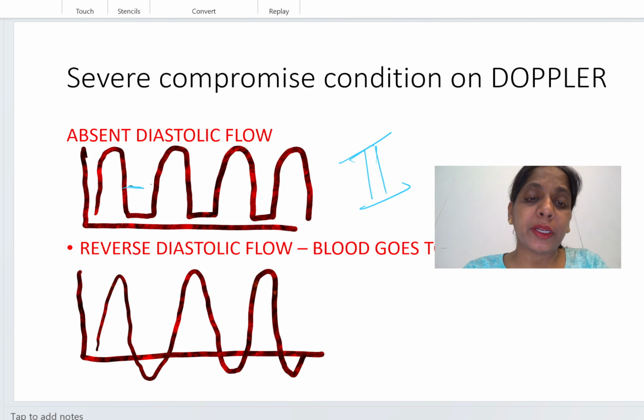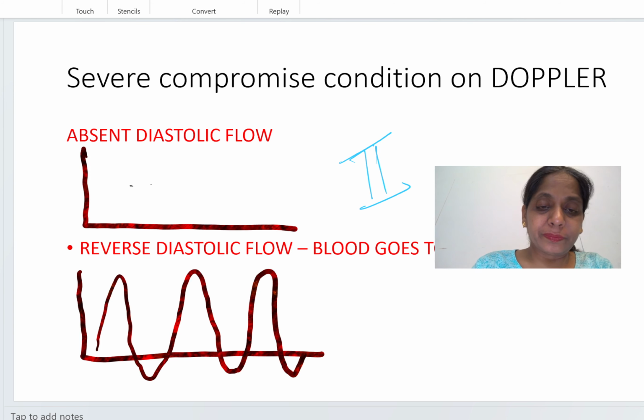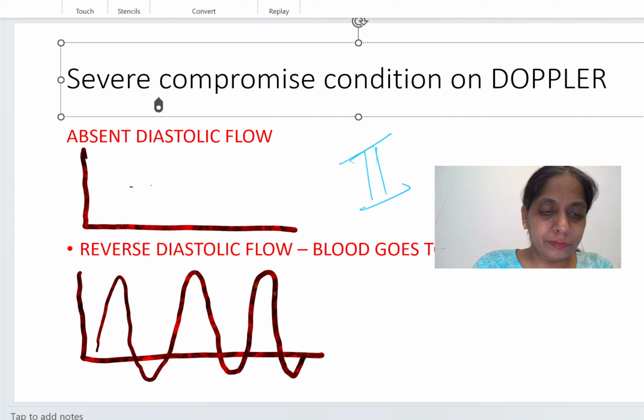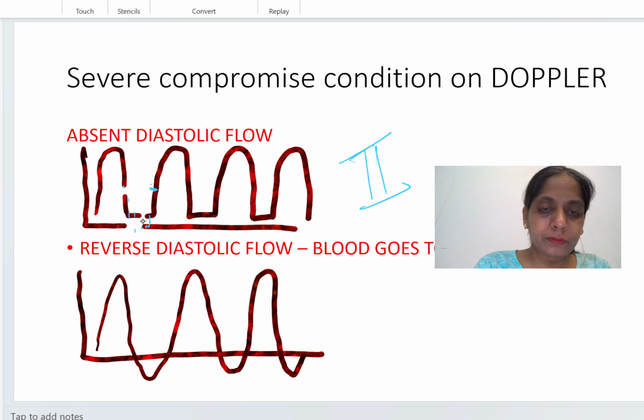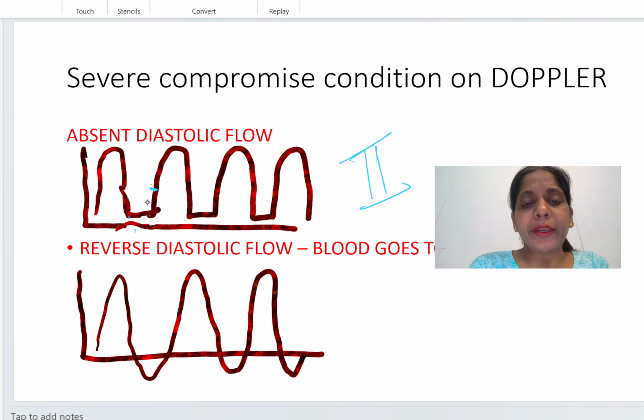Initially the flow was up till this level in the diastole, and now this peak is not here, it has gone down.